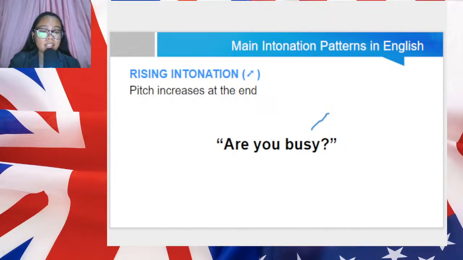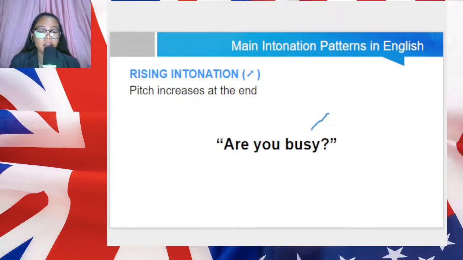But yeah, that's an example. So the core purpose here is a genuine search for information that the speaker does not yet possess, unlike other situations. Okay. So, rising intonation patterns.